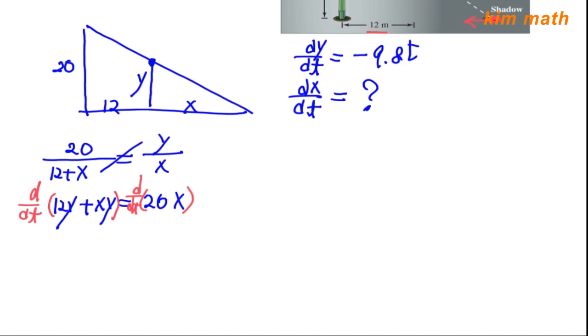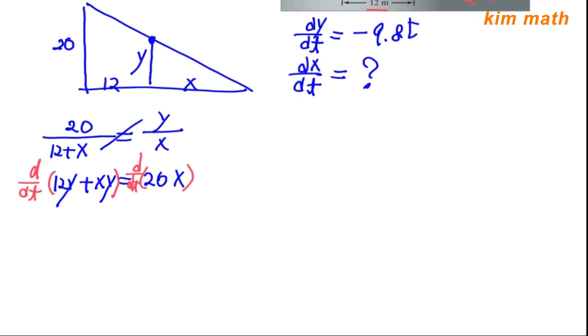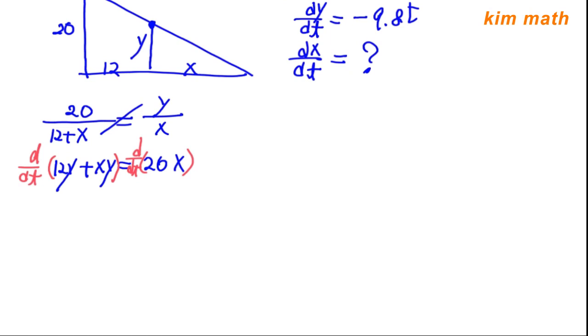Okay? So I hope you can find the derivative implicitly. So 12y gives 12 dy/dt. Good. Now the next one is x times y. Please note that both are variables, so we need the product rule.